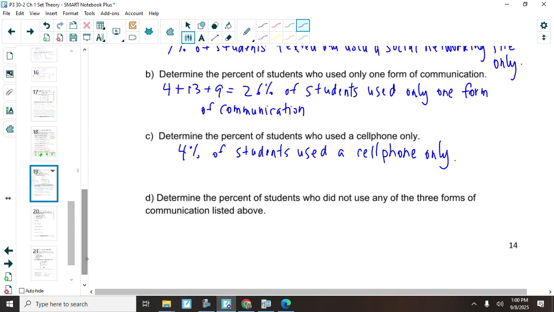Determine the percentage of students who did not use any of the 3 forms of communication. We already did this when we completed our Venn diagram. So you would just need to show your thinking right here and include that.